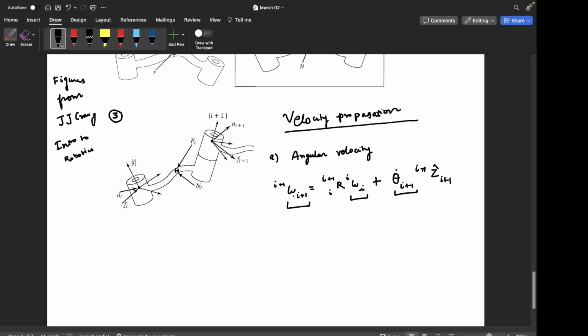So the angular velocity of the I plus 1th link expressed in the I plus 1th frame is equal to the angular velocity of the ith link in the ith frame, rotated into the I plus 1th frame using a rotation matrix, plus the joint rate of the I plus 1th joint, which is along the z axis, because we assign the z axis along the axis of the joint. So this is the angular velocity relation.